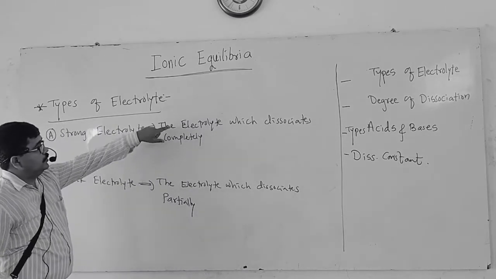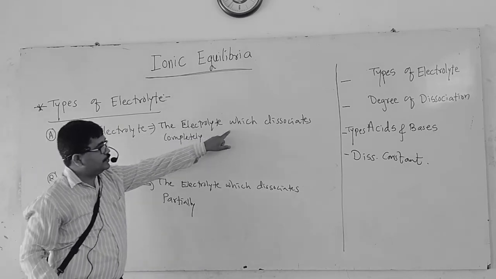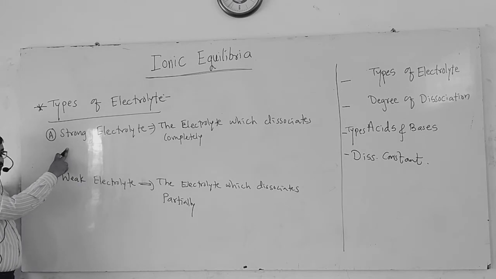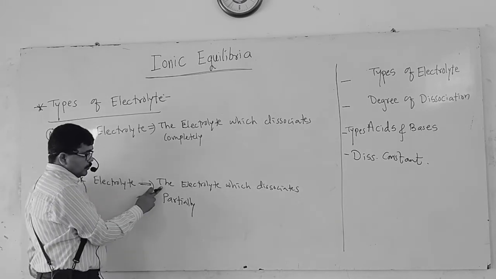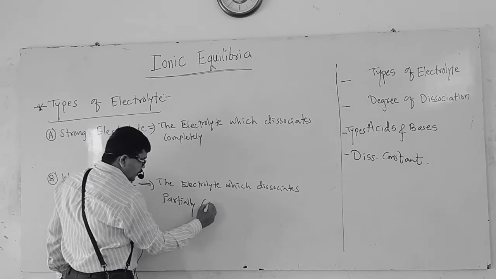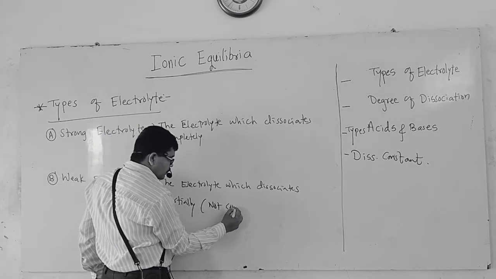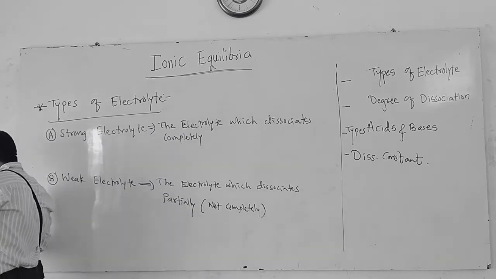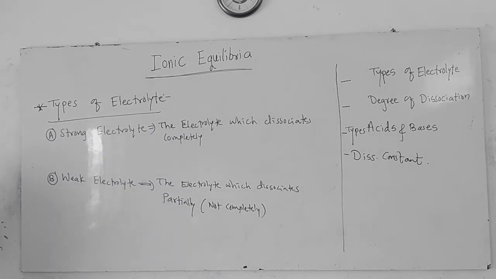See, the electrolyte which dissociates completely is strong electrolyte, and the electrolyte which dissociates partially, means not completely, is known as weak electrolyte. Okay.